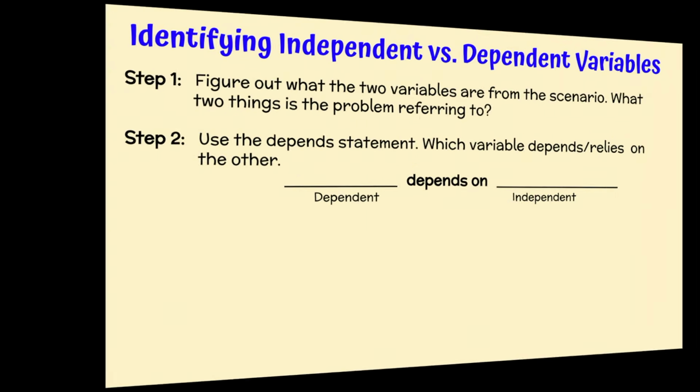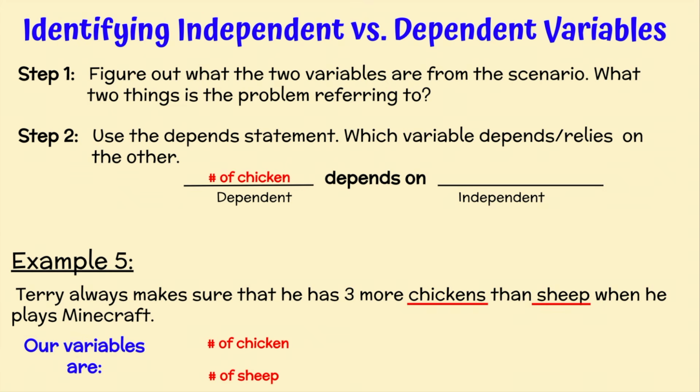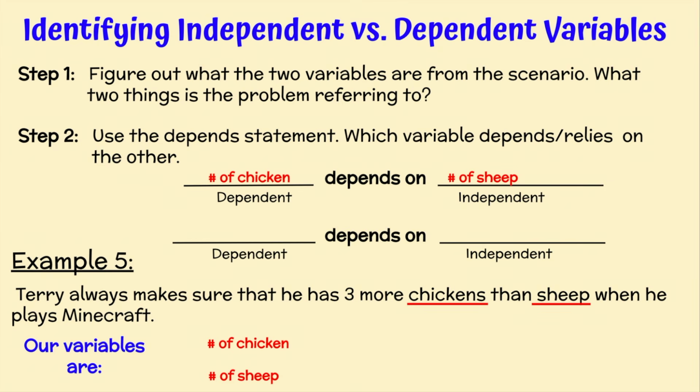Let's look at one more example together. Terry always makes sure that he has 3 more chickens than sheep when he plays Minecraft. Our variables are the number of chickens and the number of sheep. So let's plug them into our depends statement. Do the number of chickens depend on the number of sheep, or do the number of sheep depend on the number of chickens?